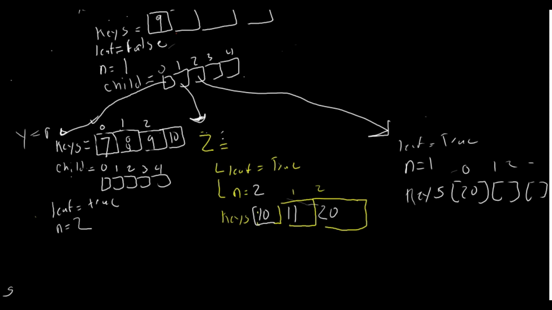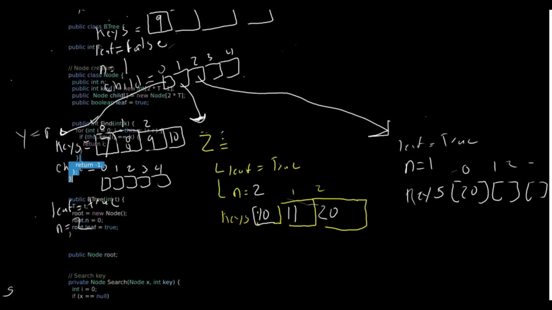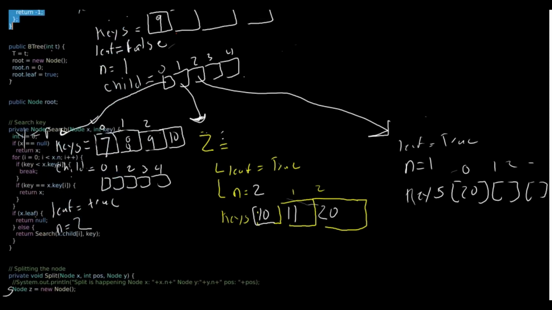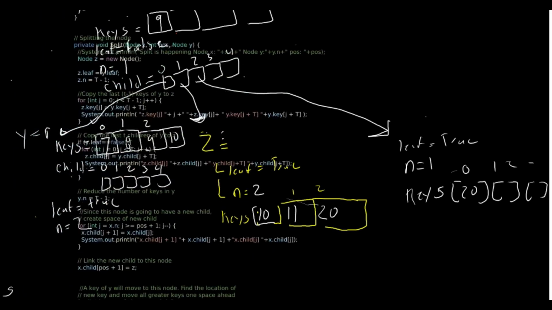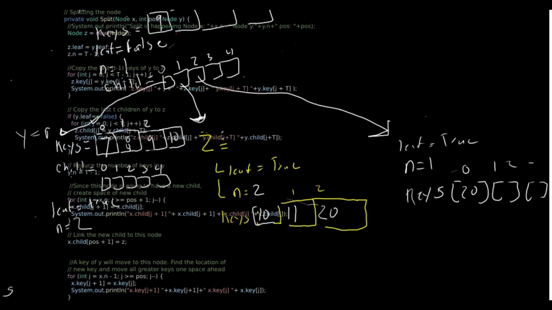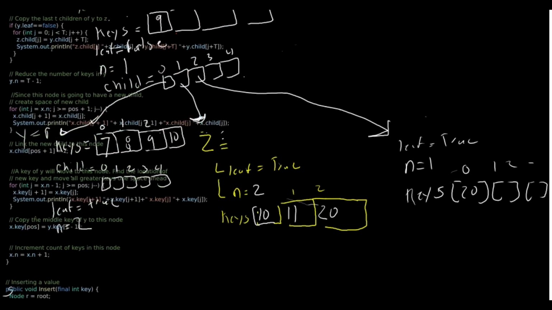Okay. 0, 2. This is child 3. And then right here, we're finished.